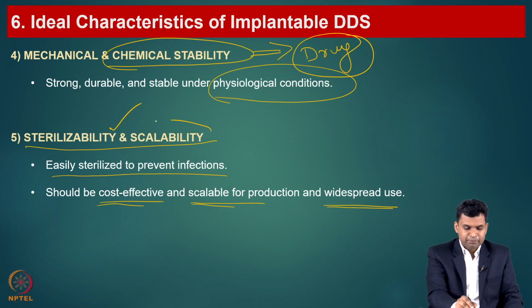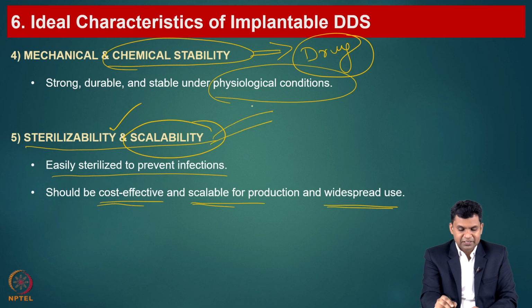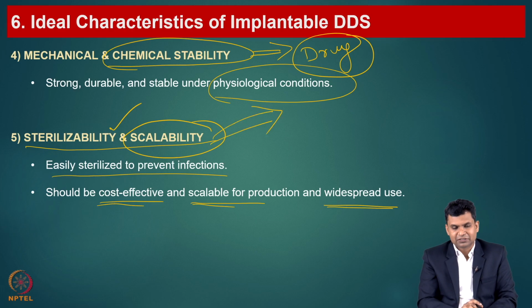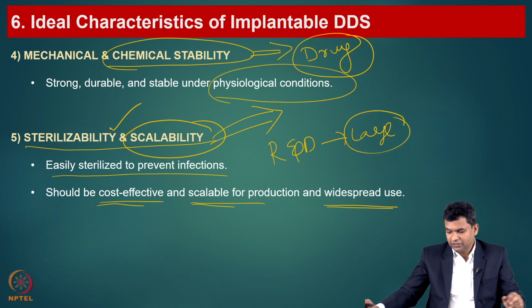There are methods by which we can make the implantable drug delivery system, but scalability is one of the major issues of many technologies. Nothing but we need to take this R&D formula to large scale with cost effective methods. Then only it is called a scalable method.